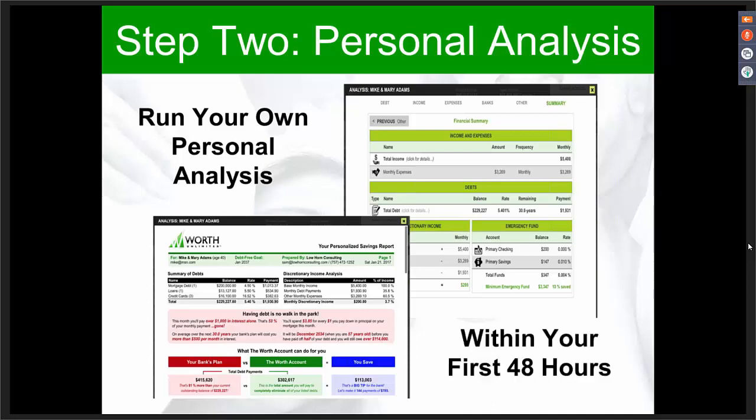You should run your own personal analysis within the first 48 hours of you joining the company. Your self-training should be done, in my opinion, the first day you join. And to me, that blows my mind a little bit that a lot of people don't do that, because if I just joined a company, I would want to know everything they had to offer on the agent portal.